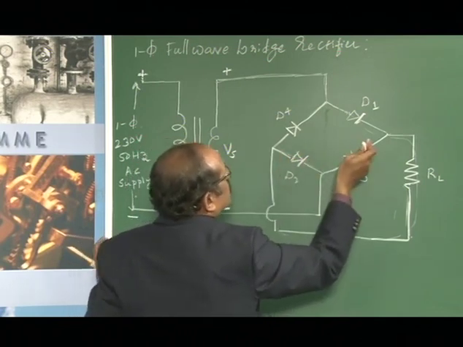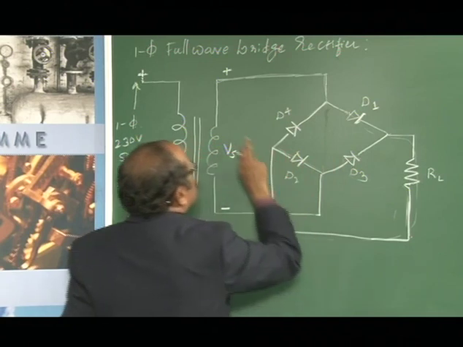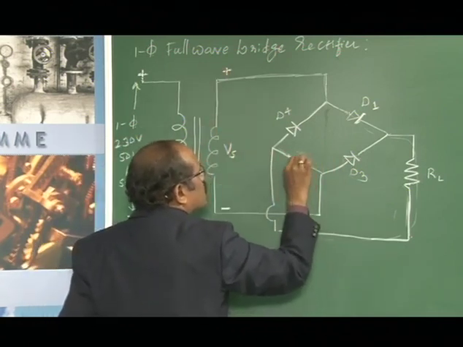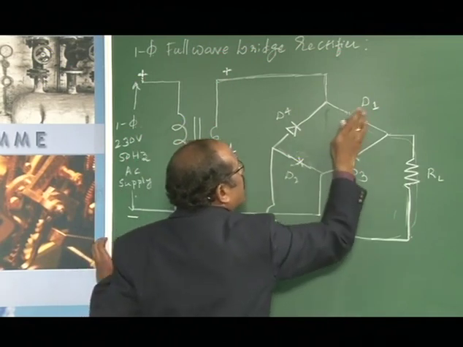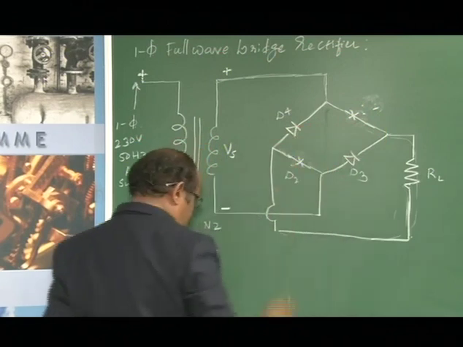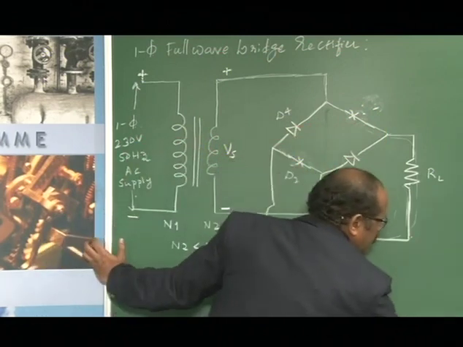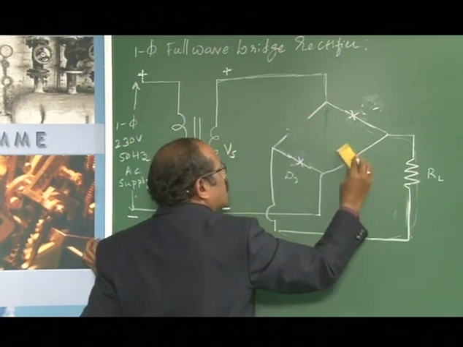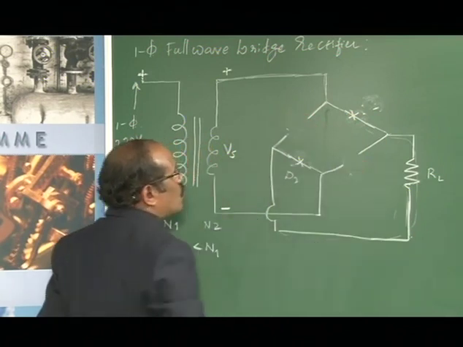Therefore, during the positive cycle, diodes D2 and D1 are said to be forward biased and therefore conduct, whereas diodes D4 and D3 are reverse biased, and they act as an open circuit.